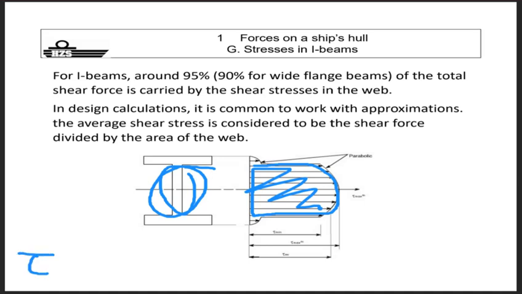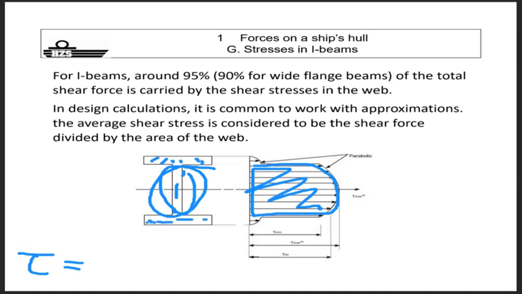Shear stress, the word explains it in a way itself. Stress is equal to what? Shear force divided by what? You know, from ship construction 1, stress is force divided by area. What area do you take into consideration now? The total area of your profile?